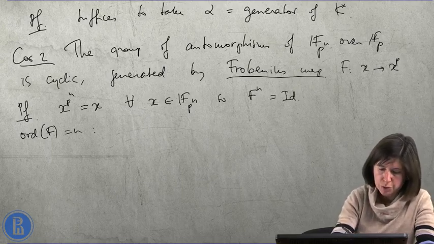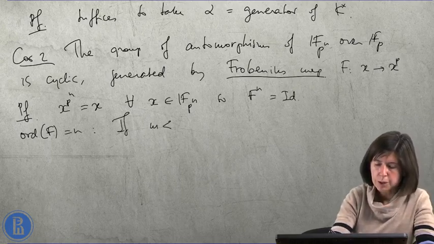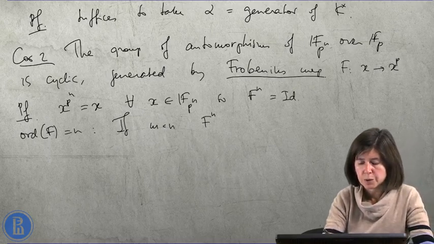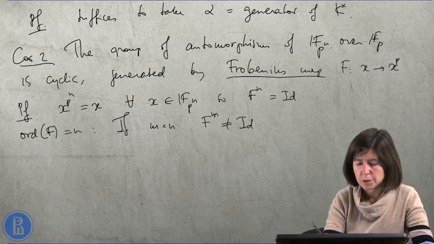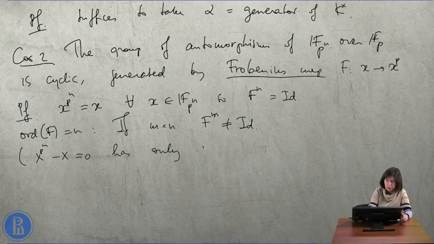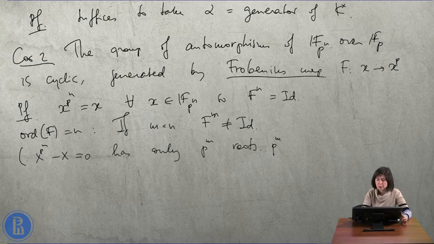Since if m is strictly less than n, then F to the power m is not the identity, because x to the power p to the power m minus x equals 0 has only p to the power m roots, and p to the power m is strictly less than p to the power n. So it cannot take all elements of our field to itself.